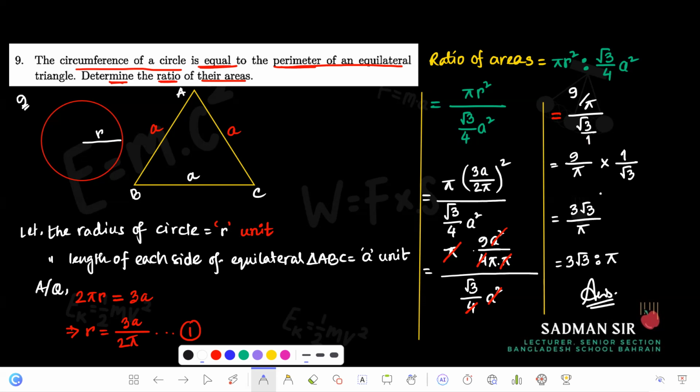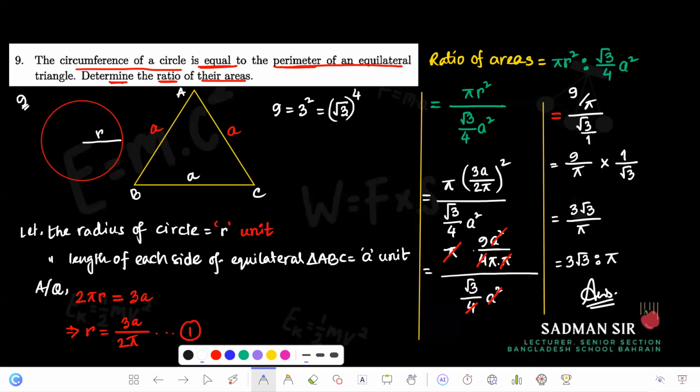Now you might be thinking how 9 divided by root 3 became 3 root 3. I will explain it here. This explanation is not a part of the answer. You don't have to write it in the answer script, but for your understanding, I'm explaining here. So please take a look carefully. 9 can be written as 3 square. Now if I want to put a square root over 3, then the power has to become double. This we already discussed in algebraic expressions.